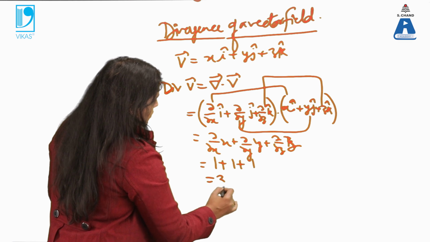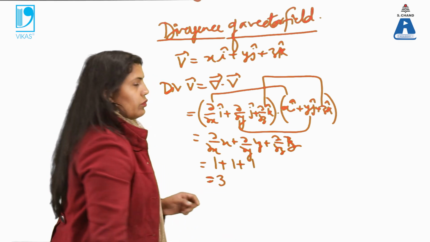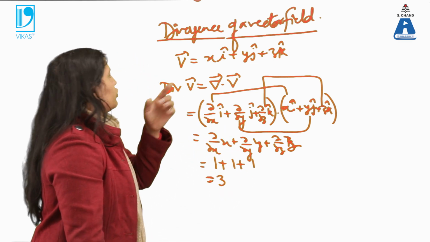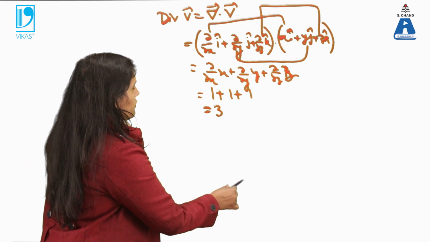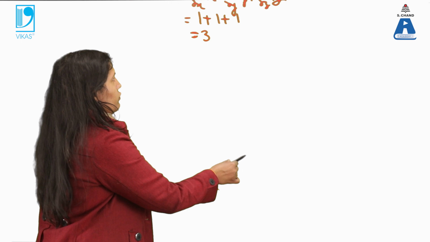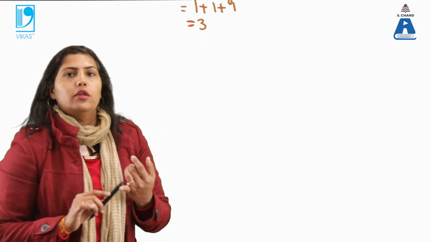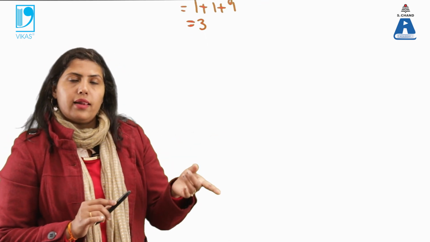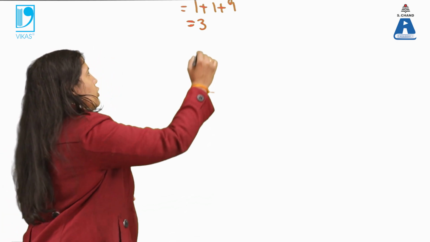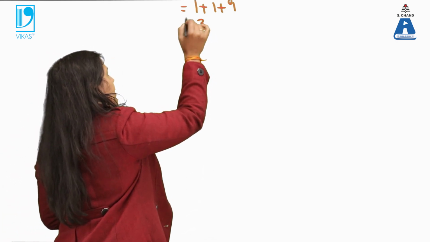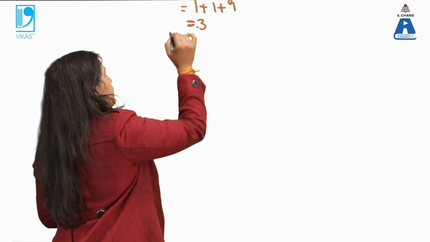It means 3 is the divergence answer. Again, if you take the way I did in curl, for this particular field the answer is 3 for the divergence. It means for curl you take the cross product of del with the vector field, and for divergence you take the dot product of del with the vector field.